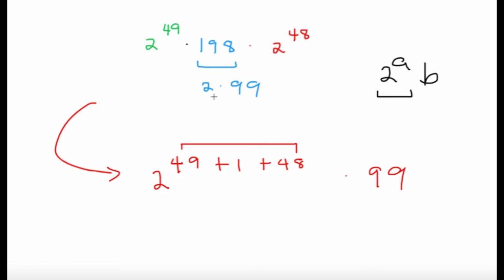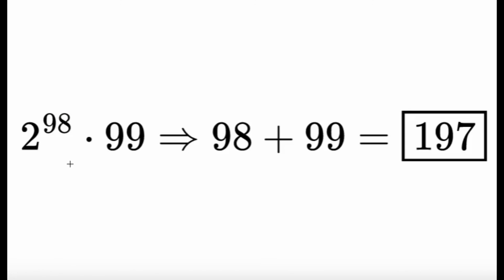We can use the law of exponents: we add the 49, the 2 raised to 1 here, and the 48, so it's 2 raised to 49 plus 1 plus 48, which is 98. So the given expression is equal to 2 raised to 98 times 99. Now 98 becomes our a, and 99 becomes our b. Therefore, a plus b is equal to 197, and this is our final answer.